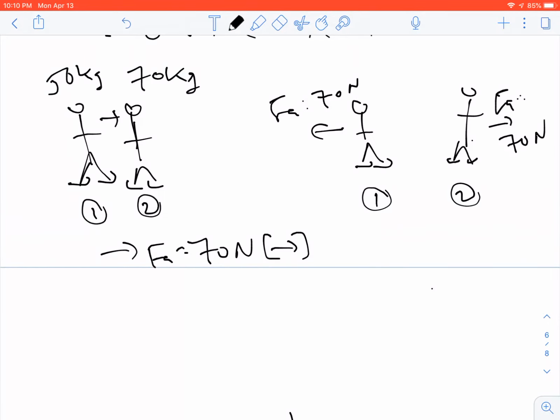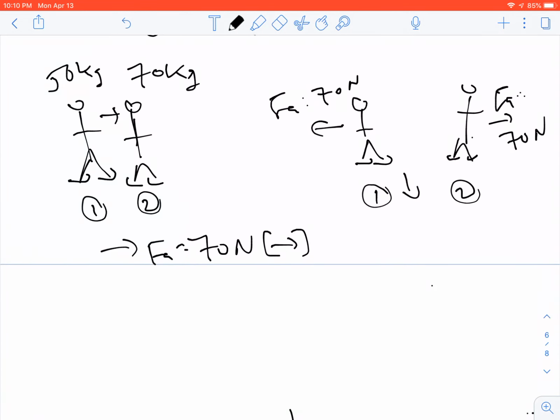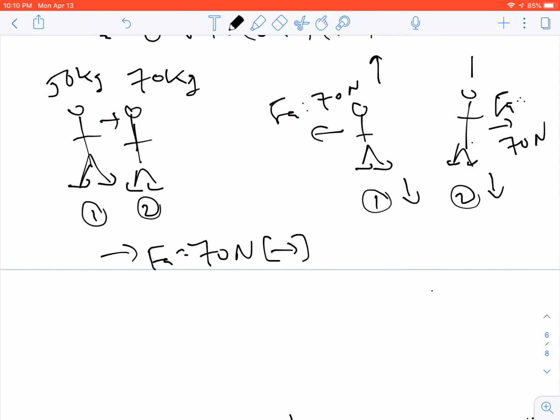Now notice that I'm not including the two other forces that are acting, which would be the gravitational force pulling down and the ice pushing back up for person 1, and gravity pulling down and the ice pushing back up for person 2, because as you can imagine, if we're just out on the rink at the arena and I push on person number 2, I'm number 1, neither of us are going to go up or down, because the forces up and down will cancel each other out.